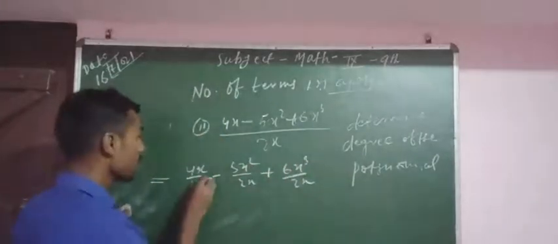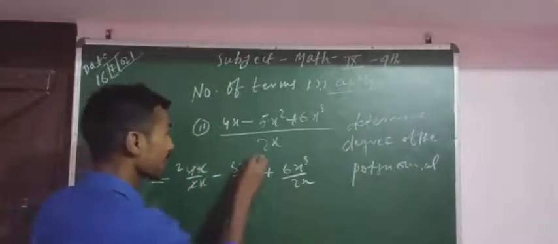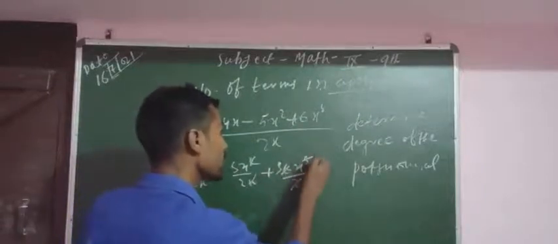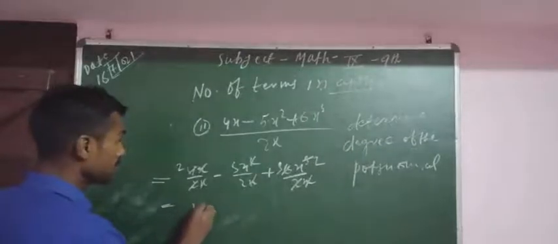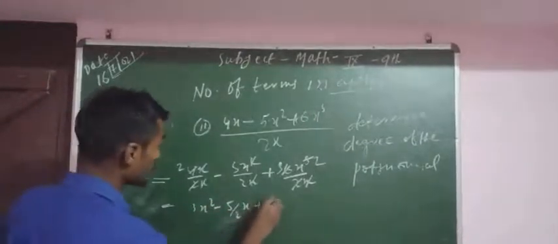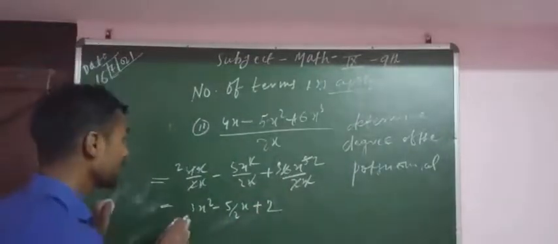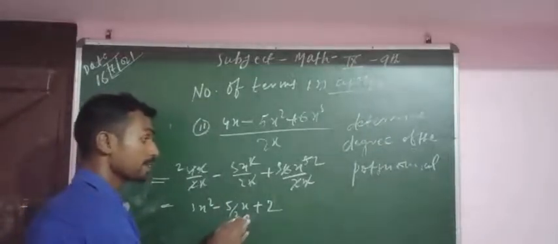Obviously x will be cancelled in each term: 2 ones are 2, 2 twos are 4, and 2 threes are 6. So now we have 3x square minus 5 by 2 into x plus 2.